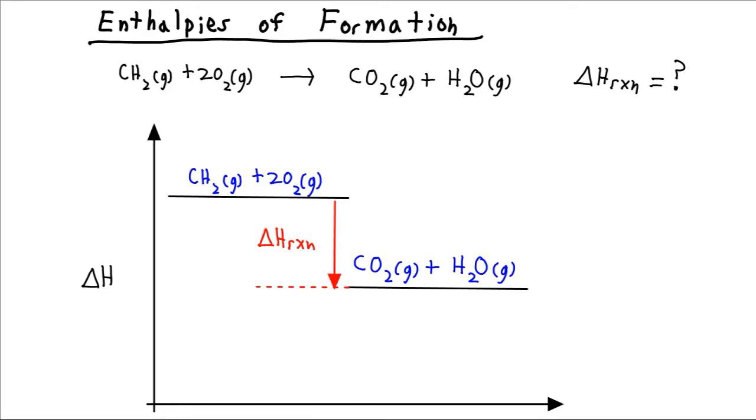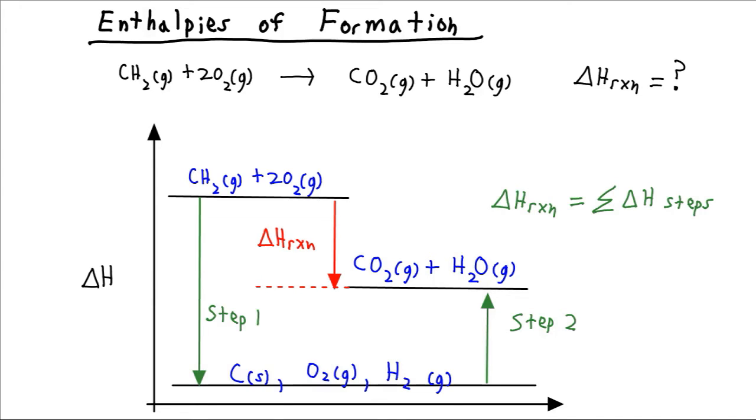So what we can do, we can just arbitrarily define a point where we have elements in their most common stable form. So we can form this C2H2 and O2 from carbon and oxygen and hydrogen. Same for this CO2 and H2O.